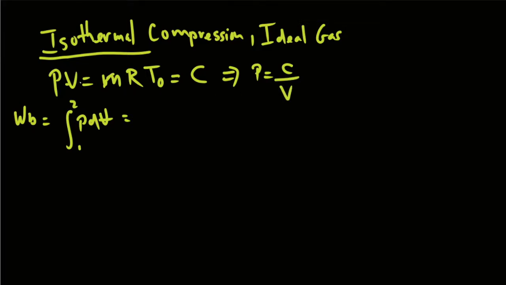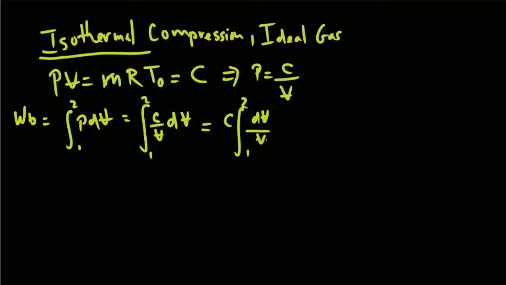So if these are volumes, I'll put my little slash at the bottom to signify volume. So pressure is equal to a constant over volume. Therefore we go ahead and replace the pressure with C over V, we say dV, and we take the constant out of the integration.